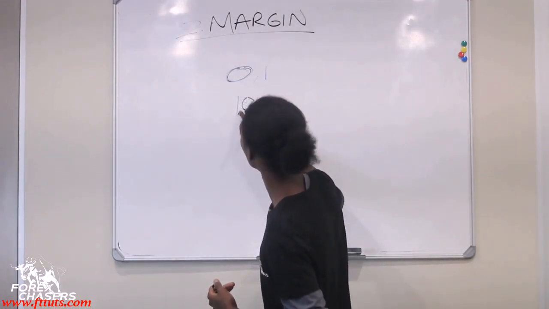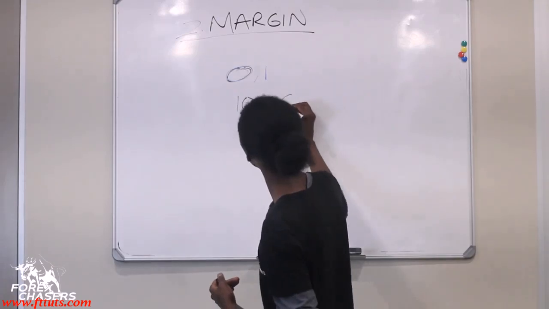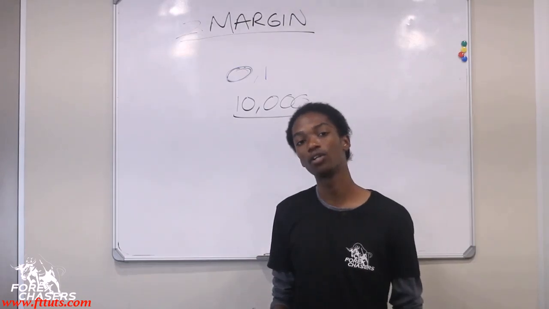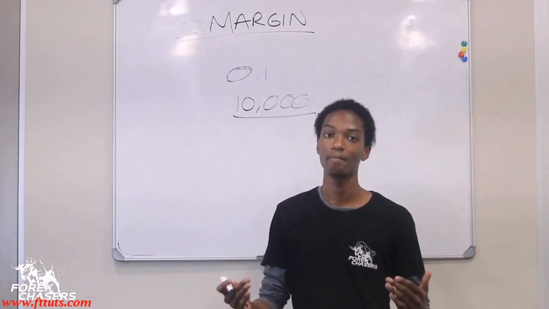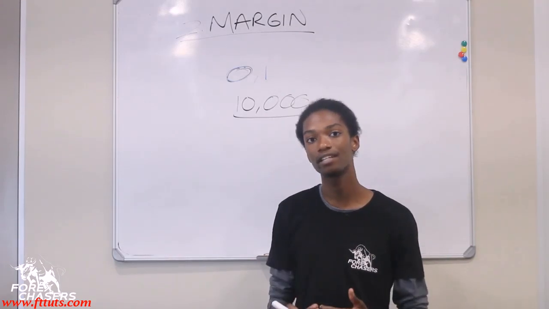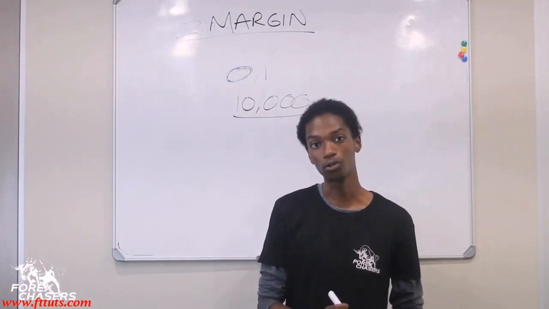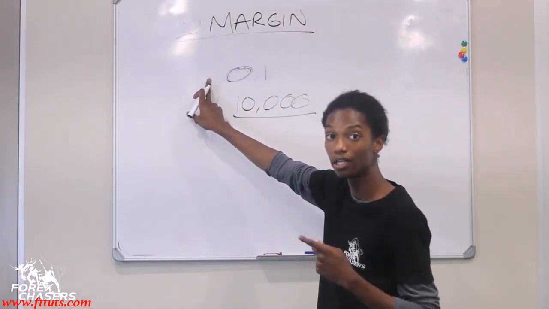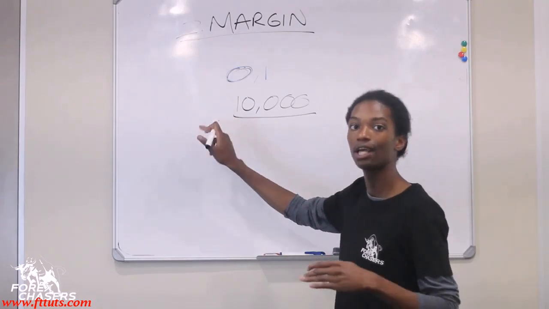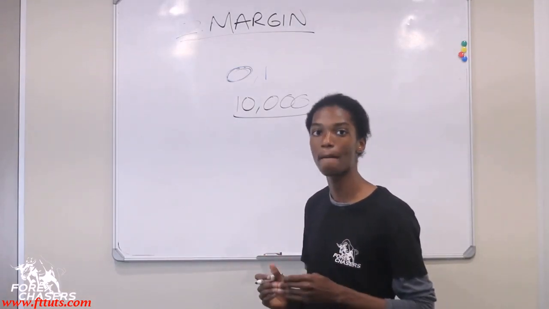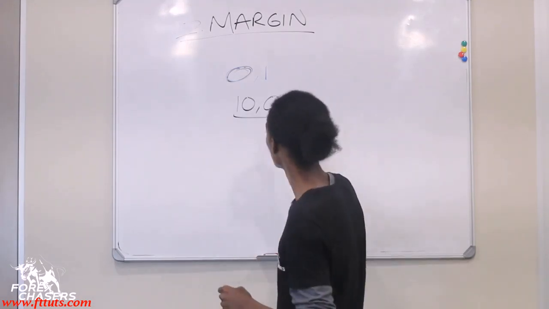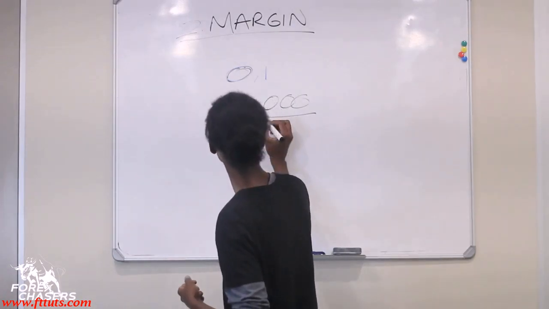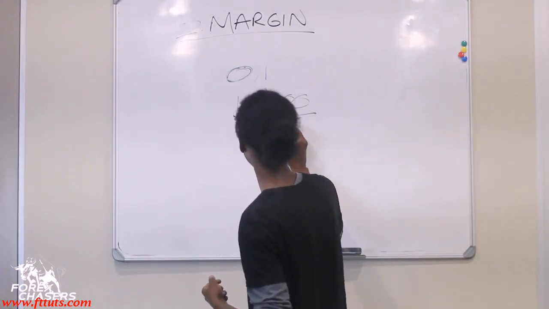10,000 units of currency. Now, let's say, for example, your broker requires a margin of 5% for every position that you hold. So we would take 1 mini lot, which equals 10,000 units, and multiply that 10,000 by 5%. 5% is 5 over 100.